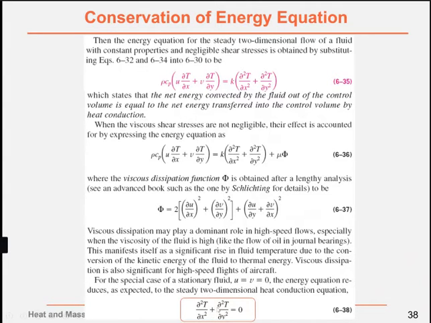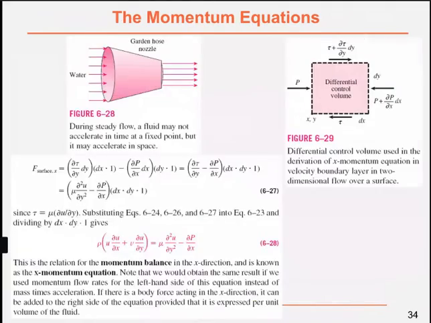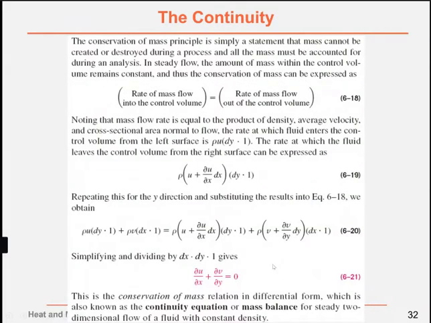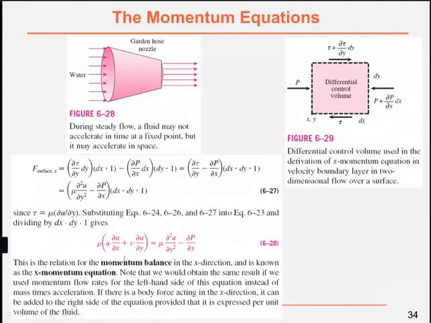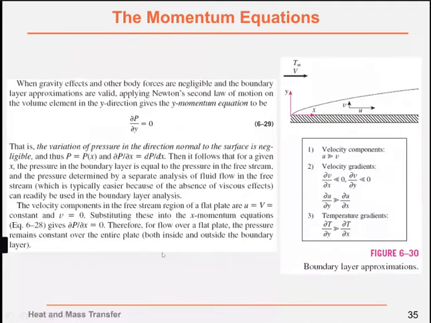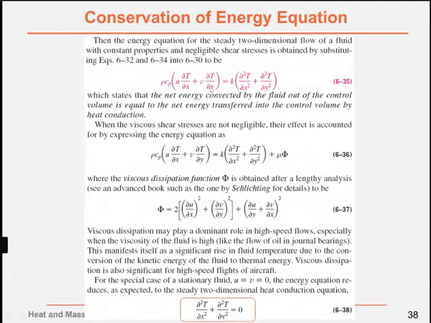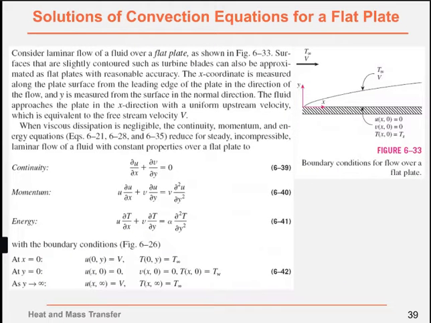It's very simple. So these three equations are the mass balance equation, the momentum equation, and the energy conservation equation. Finally, you can use these three equations to solve problems.